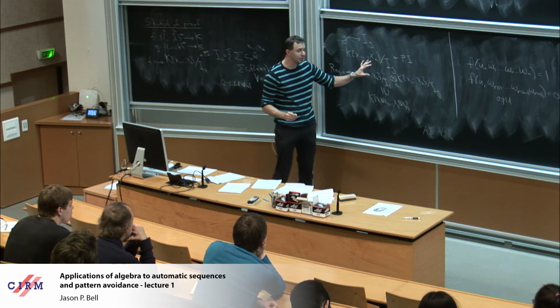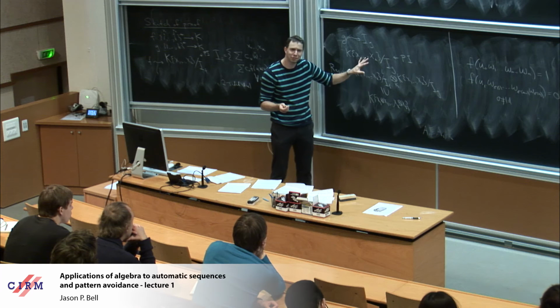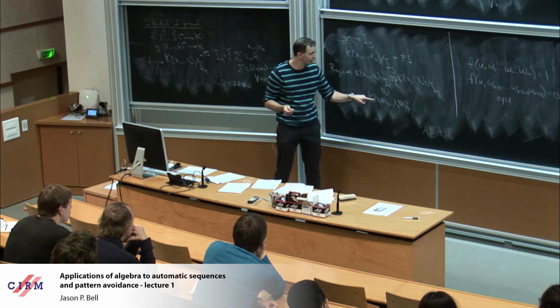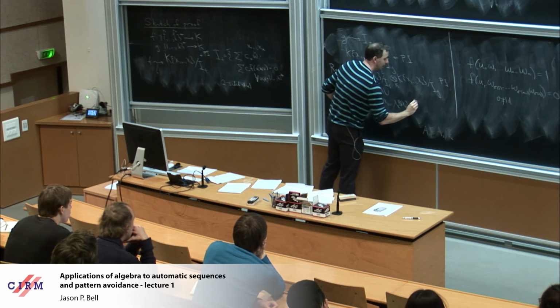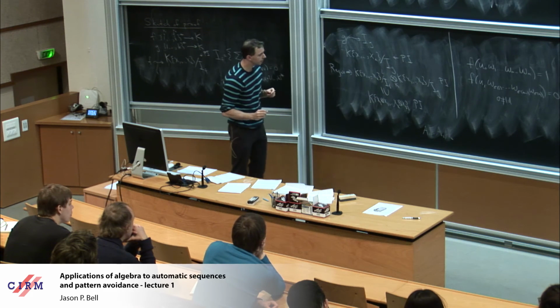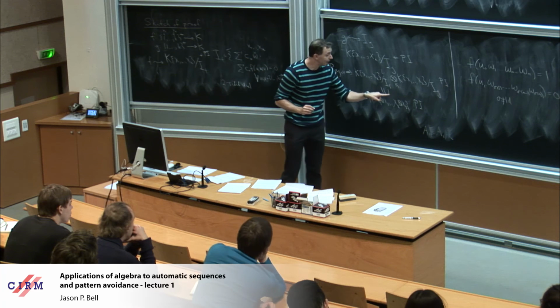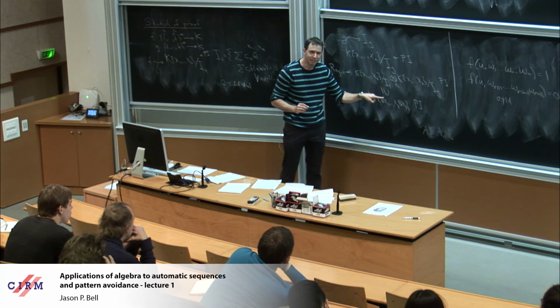Well, any subalgebra of a PI algebra is PI, because it will satisfy the same identity. So if I look at the algebra generated by this, this is PI. Now, by Brown's theorem, this satisfies some standard identity.